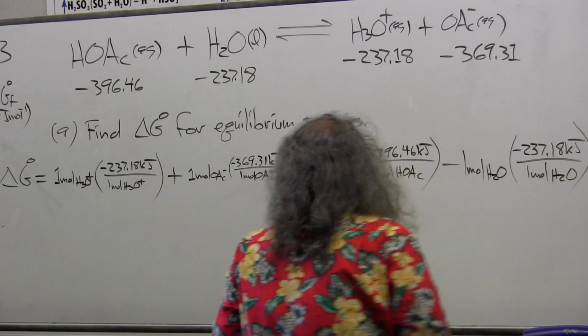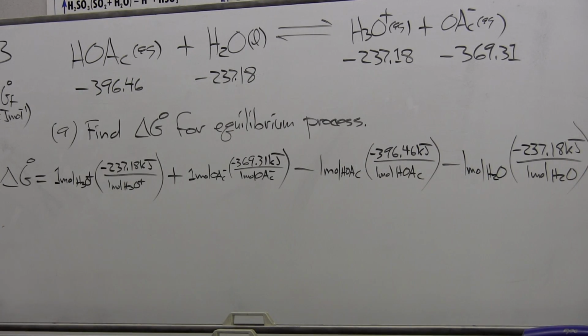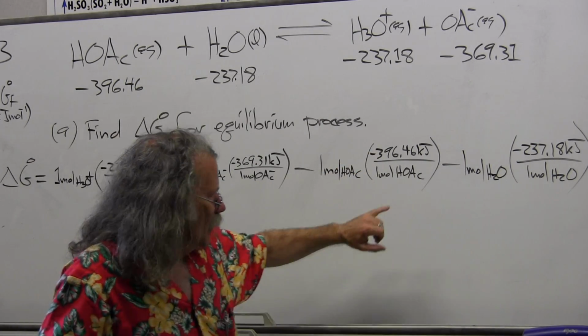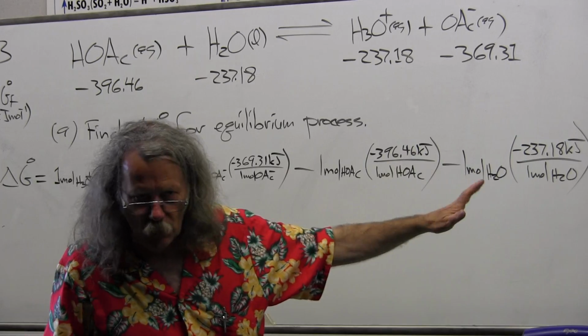One mole of water. That line best be there in your process. No shortcuts. You see, we've got it all there. I know this is a minus times a minus, and that's a minus times a minus. We'll deal with that later.